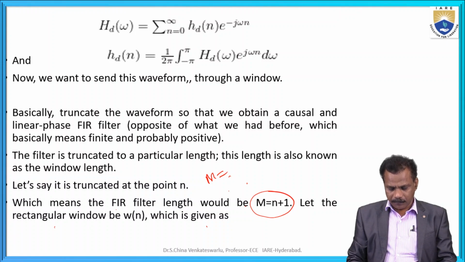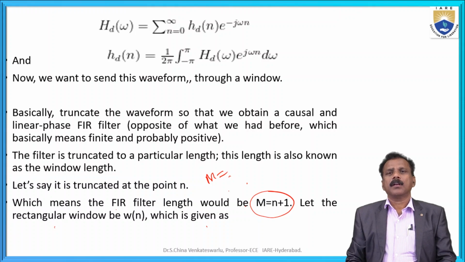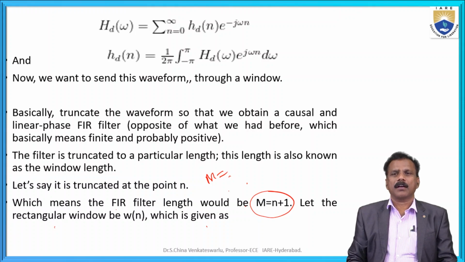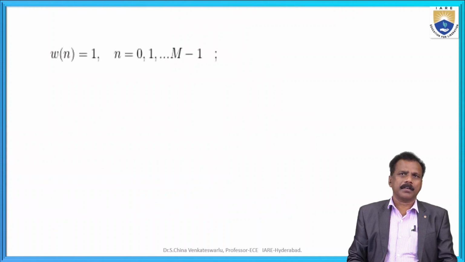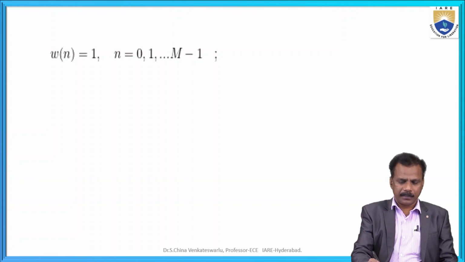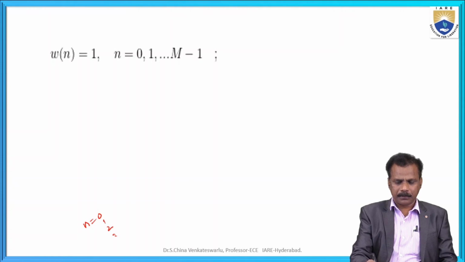Let the rectangular window be w of n, which is given as w of n equal to 1, where n is equal to initially 0, 1, 2, 3, 4, and so on according to the order of the filter, up to M minus 1.